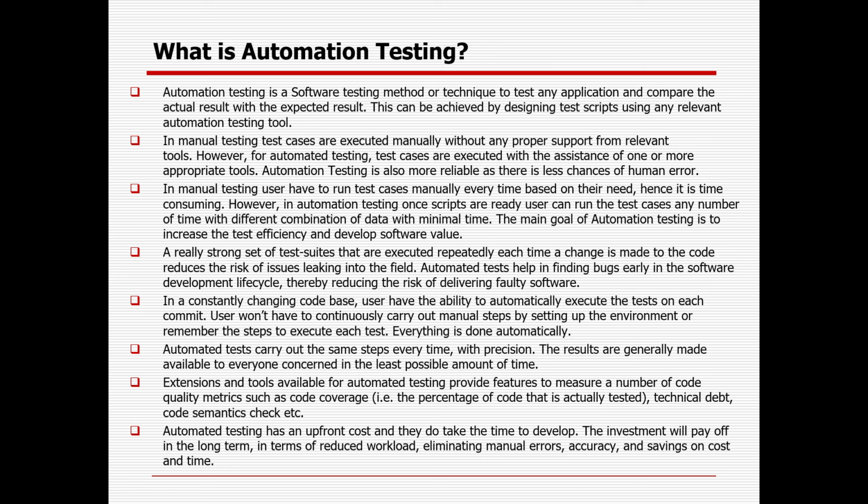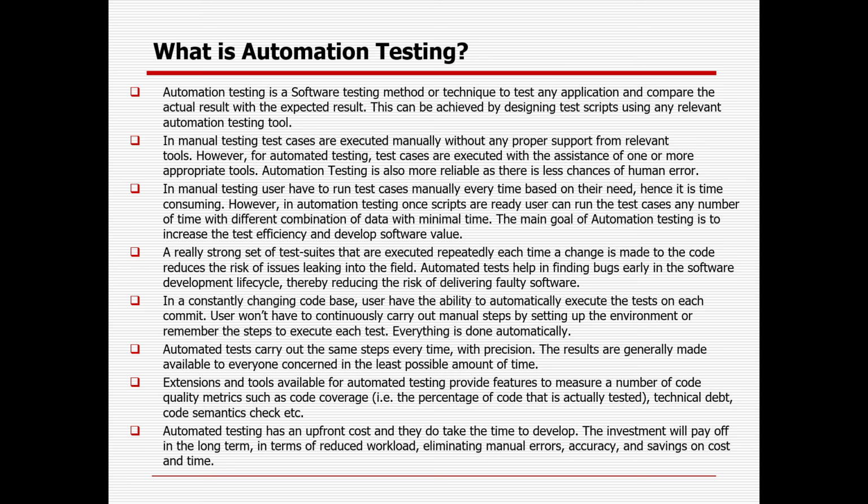The main goal of automation testing is to increase test efficiency, increase coverage and improve software value. A really strong set of test suites that are executed repeatedly each time a change is made to the code reduces the risk of issues leaking into the field.